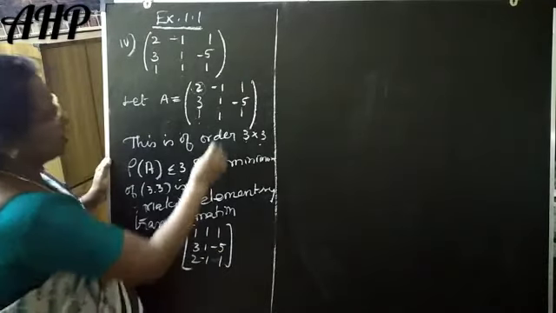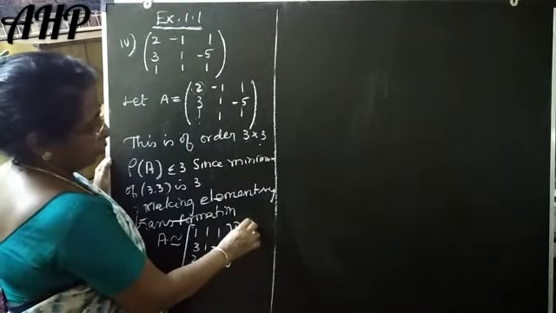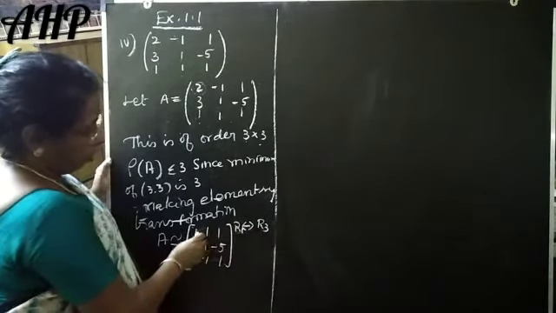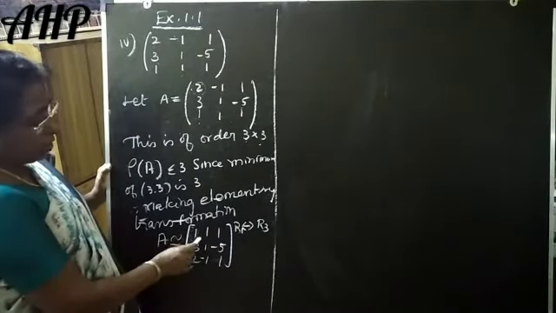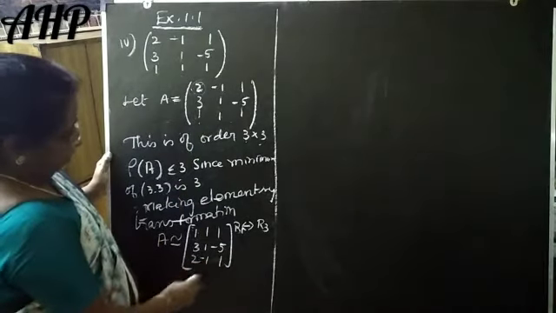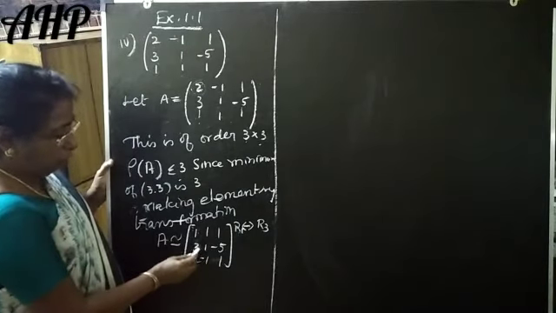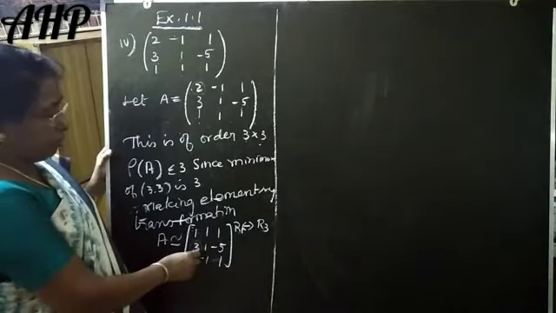We make this transfer R1 to R3 and R3 to R1 in order to make our calculations easier. We are trying to make the first column, first element to be 1. The next thing is to rewrite it in echelon form. We are supposed to make the second row first element 0.